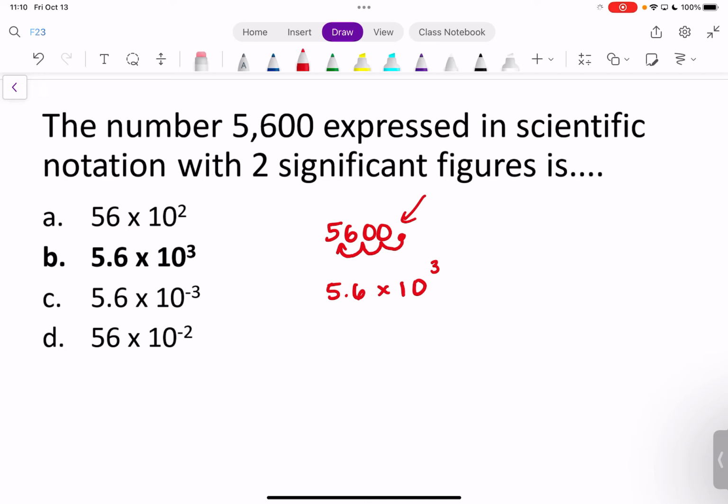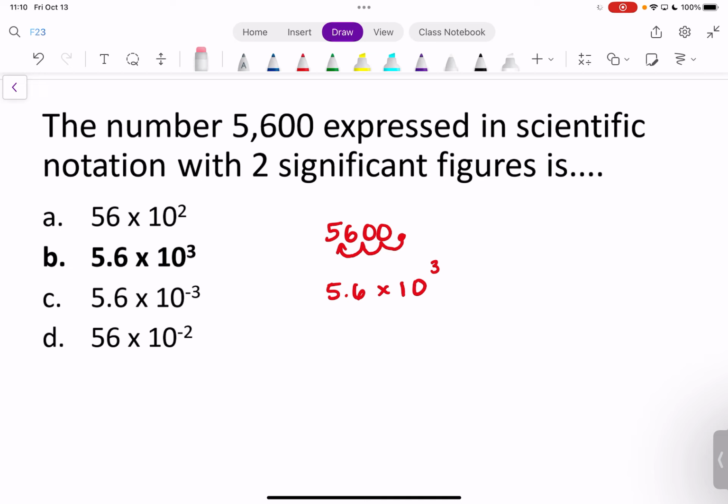If you type in 5.6 times 10 to the -3, you're not going to get the same number. What would 5.6 times 10 to the -3 look like? 0.0056. Different number, small, right? So, not that one. Erase it.